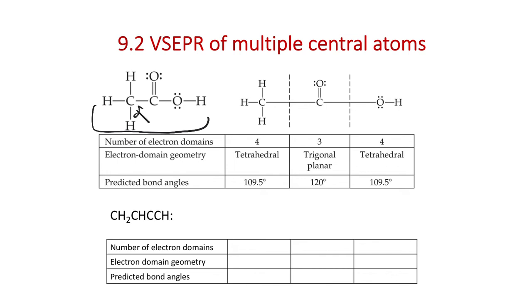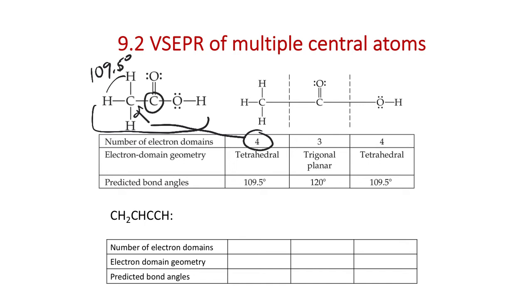Okay, in this structure here, I have 4 things on that first carbon. So that first carbon has 4 domains. 4 domains has to go tetrahedral. So these bond angles are actually 109.5 degrees. It doesn't mean in the structure as sketched in 2 dimensions they're 109. They're 90 in the structure as sketched, but in the real molecule they'd be 109.5.